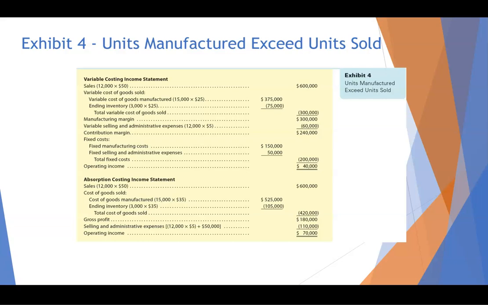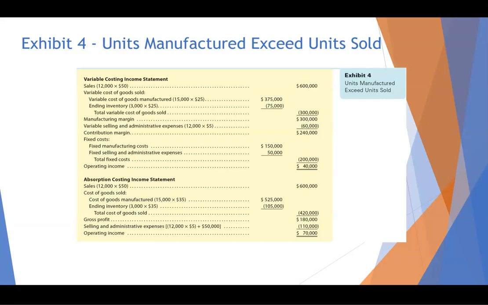Assume that only 12,000 of the 15,000 units Martinez manufactured were sold. This difference in operating income is due to the fixed manufacturing cost. All of the $150,000 of fixed manufacturing cost is included as a period expense in the variable costing statement. However, the 3,000 units of ending inventory in the absorption costing statement include $30,000.